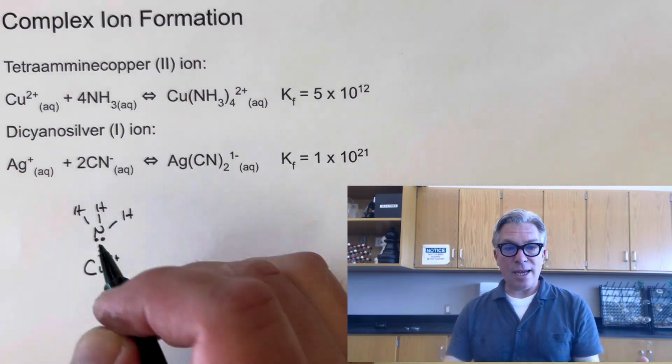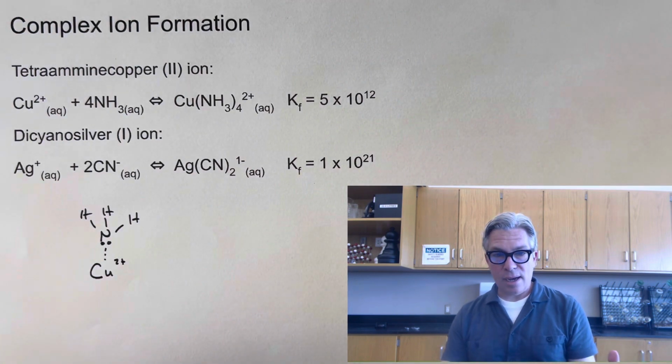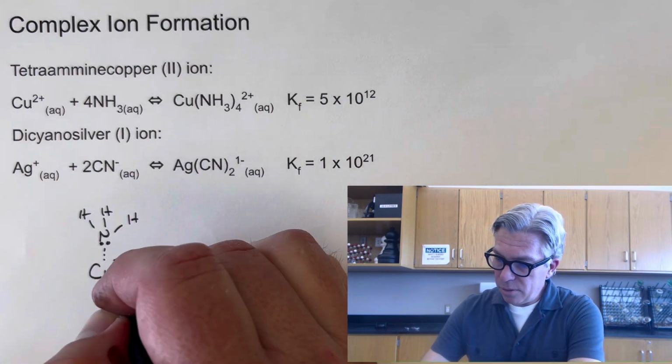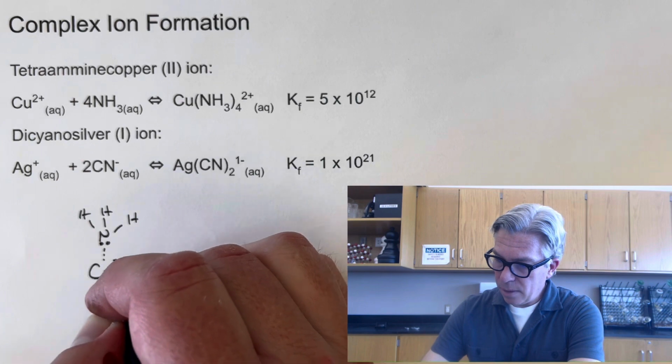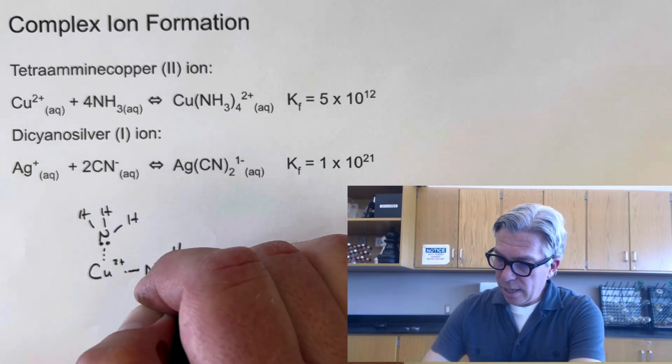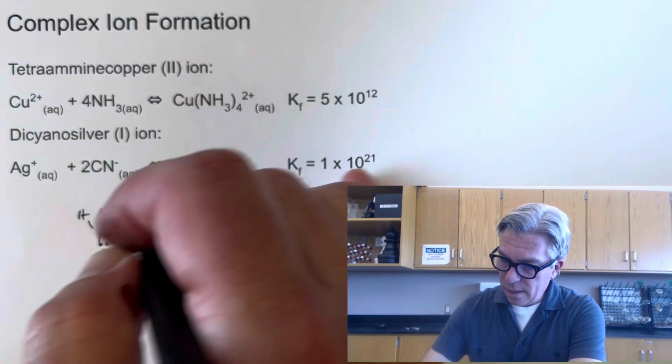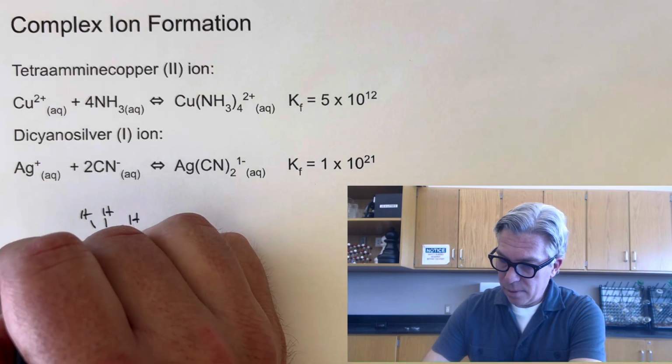They will form little attachments to that copper ion. And if 4 of them do this, you will get a complex out of it.